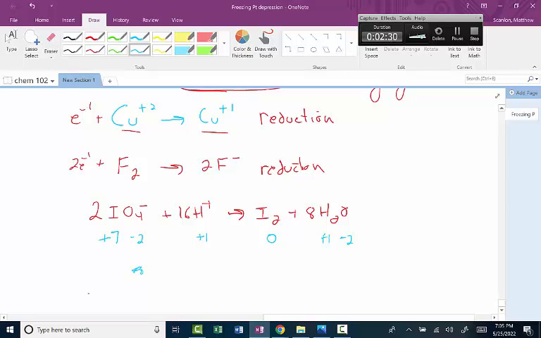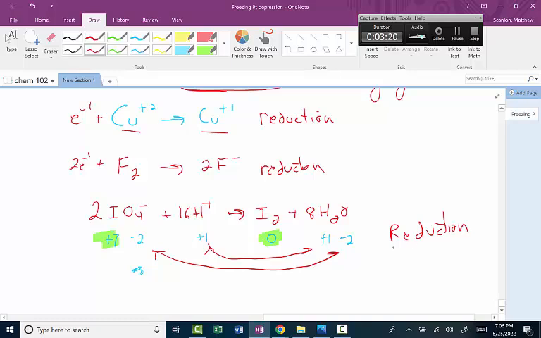Hopefully you can figure that out, see what I did. If not, go through how to determine oxidation numbers. So when I look at this, the iodine in IO4- is the only one going from +7 over here to 0 here. Everything else stays the same. The hydrogen is +1 and +1, and the oxygen is -2 and -2. So it's going from +7 to 0. Guess what? It gained electrons. So that must be a reduction. It became more negative.